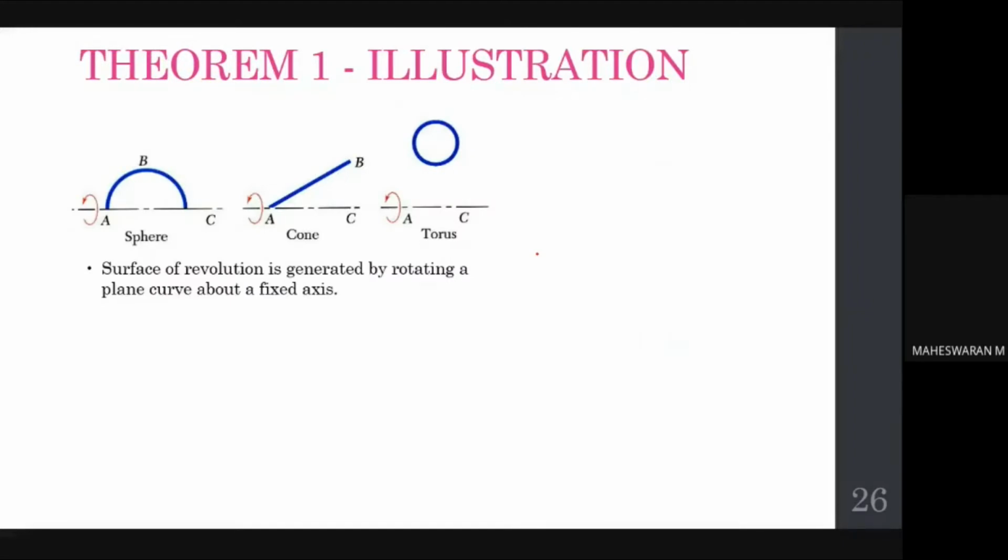So theorem one. Let me consider you have a line like this, AB line. What happens if you revolve this? You will get a sphere, right? On the other side also, something like this, you will get a sphere, right? Similarly, if you revolve this, you will get a cone, right? If you revolve this, you will get a torus, something like that. Okay.